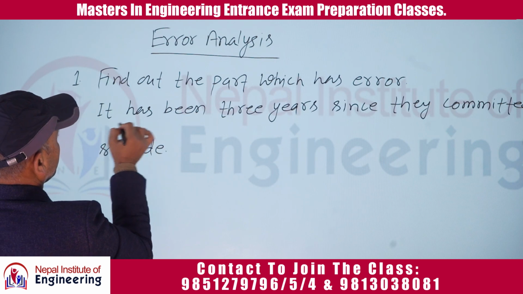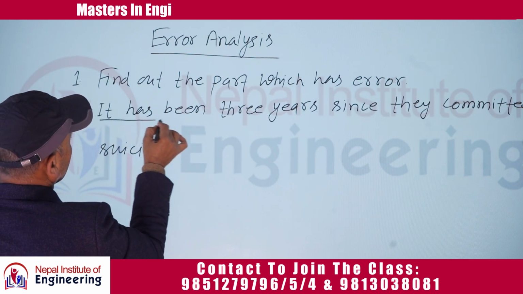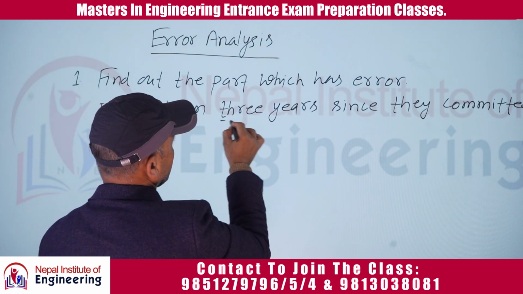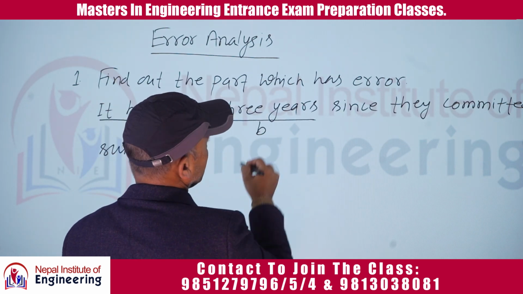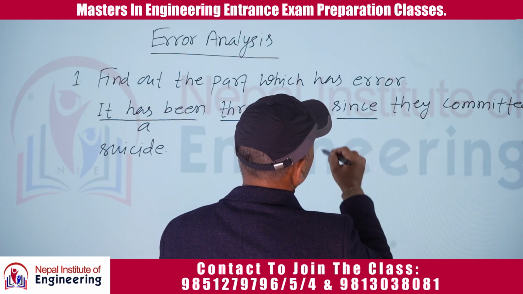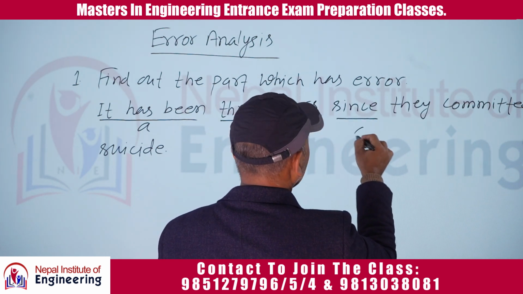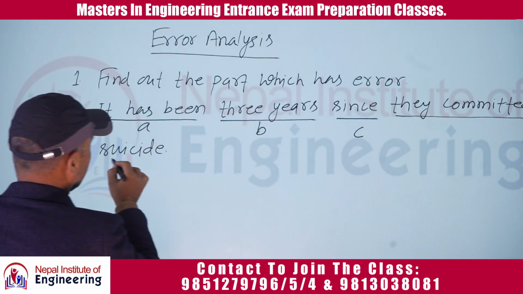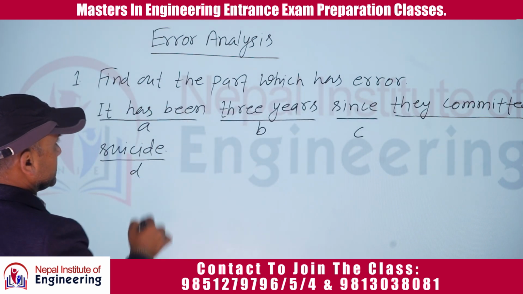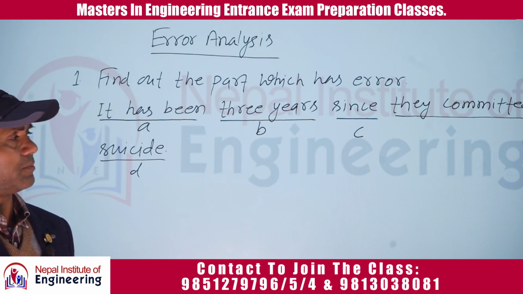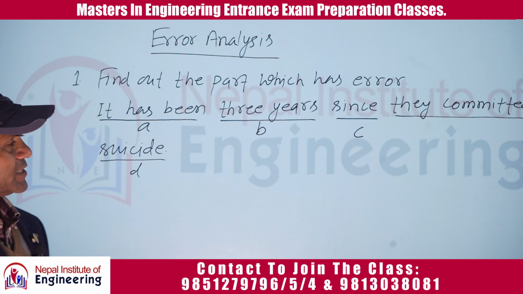Here, this is part A, this is part B, this is part C, they committed suicide. This is part D. So which part has error? That you have to find out. But tell me, in which part to find the mistake?